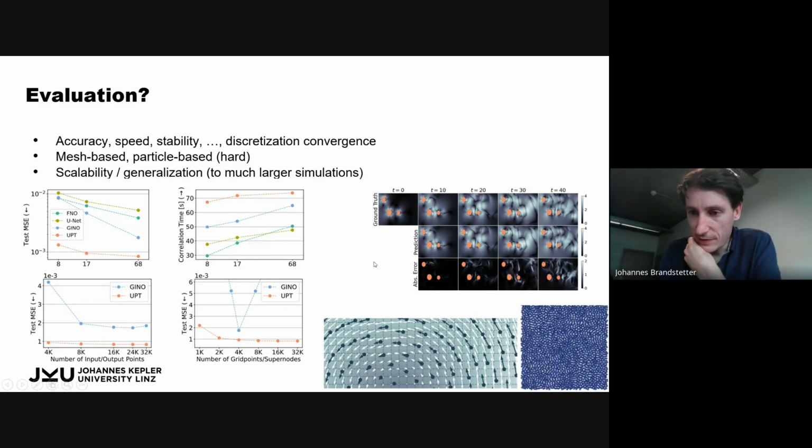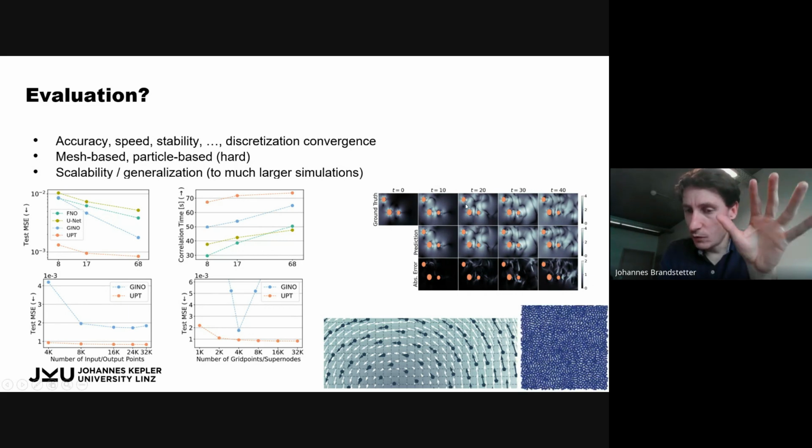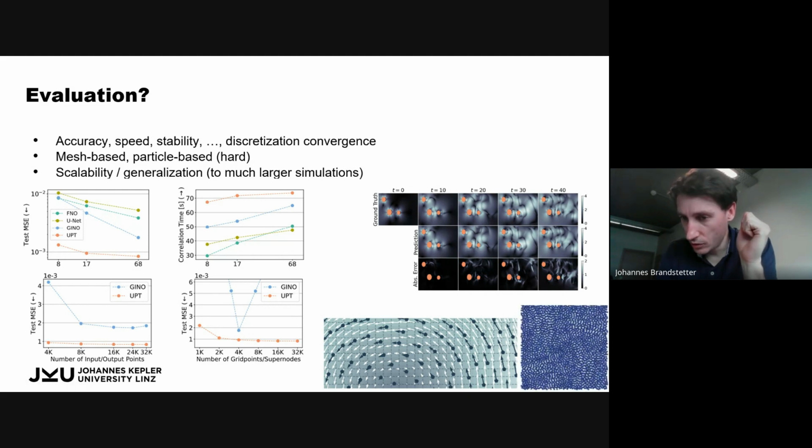This is exemplified here in this upper right plot. This is some computational fluid dynamics simulation, not that important, but these simulations are done on a mesh of about 100,000 mesh nodes in 2D, and the orange ones are obstacles which are sampled arbitrarily. We train by choosing between 16 and 32,000 mesh nodes arbitrarily in the input and output.